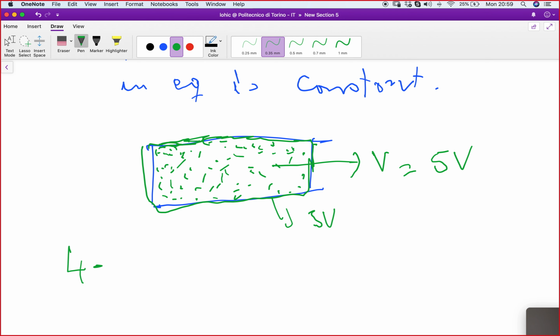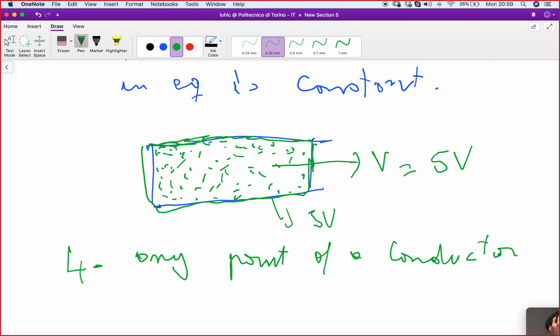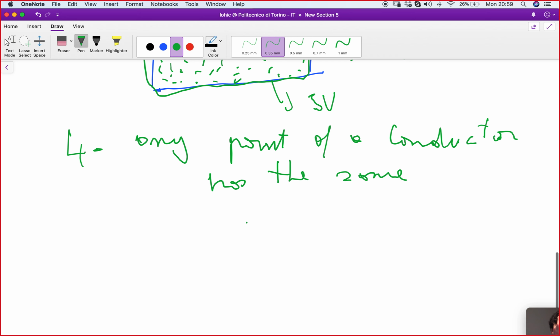The fourth property that we proved is that any point of a conductor has the same potential. Any point of the conductor has the same potential.